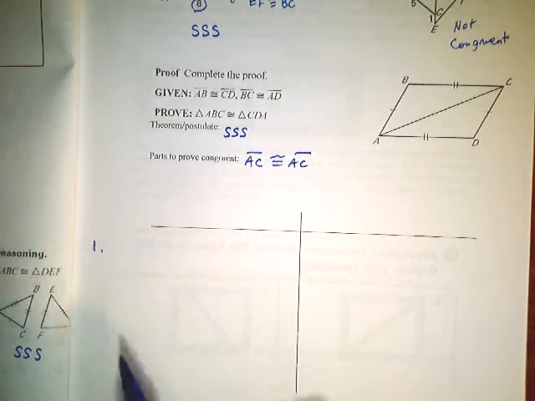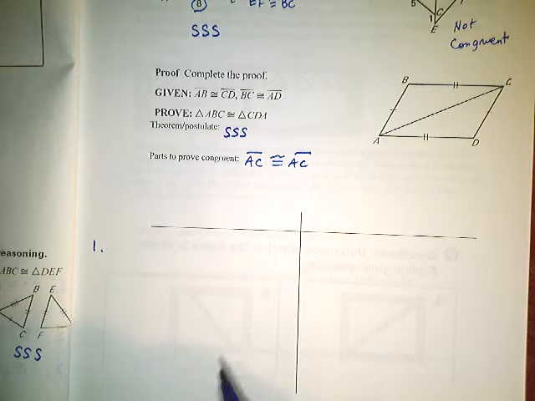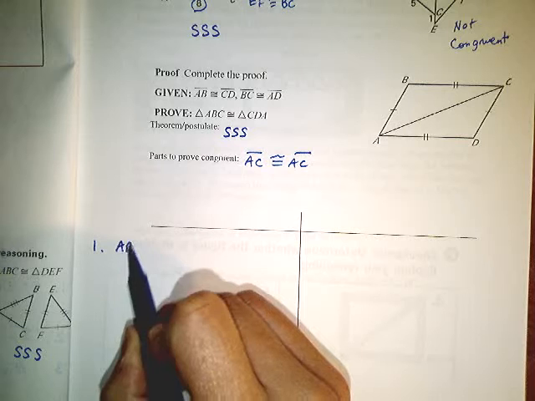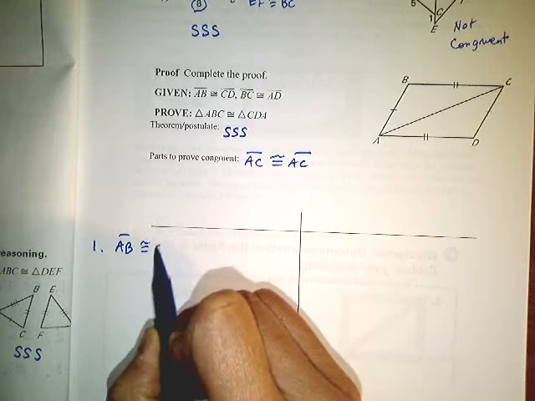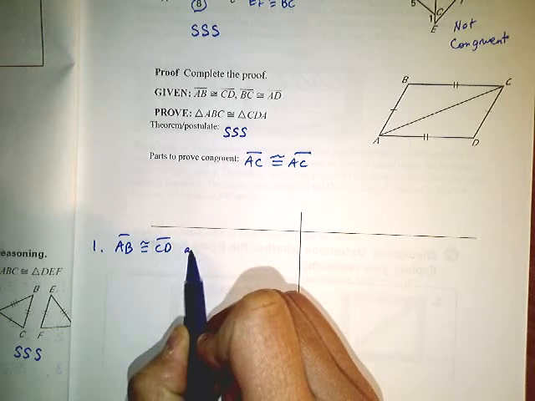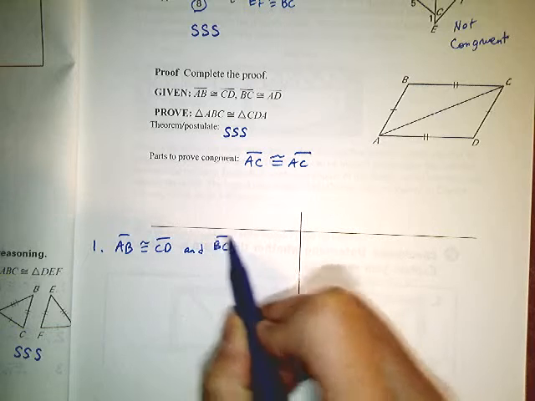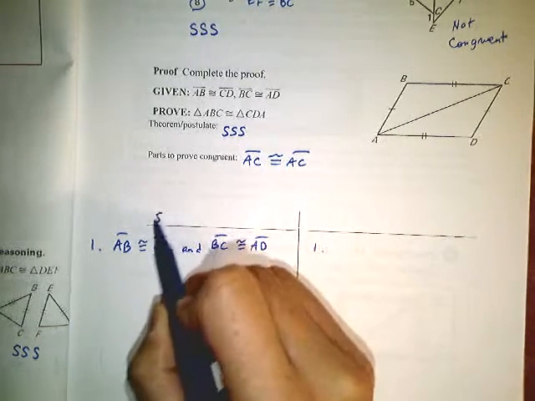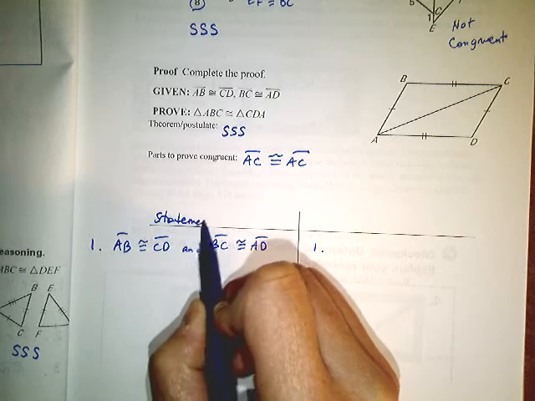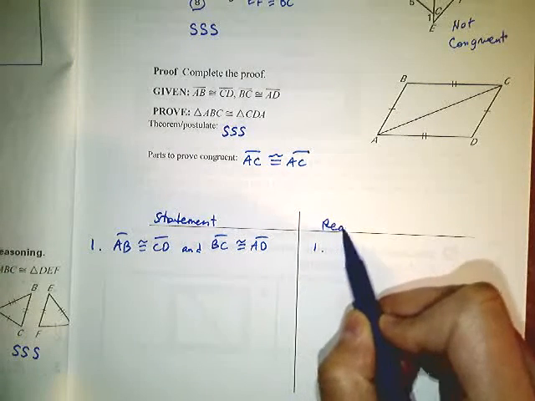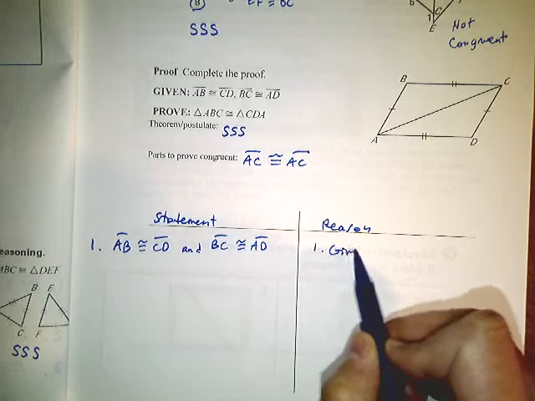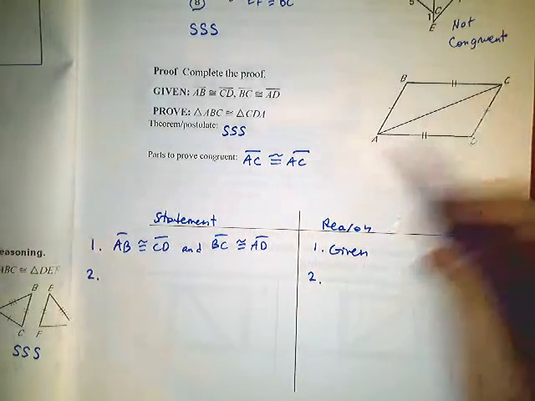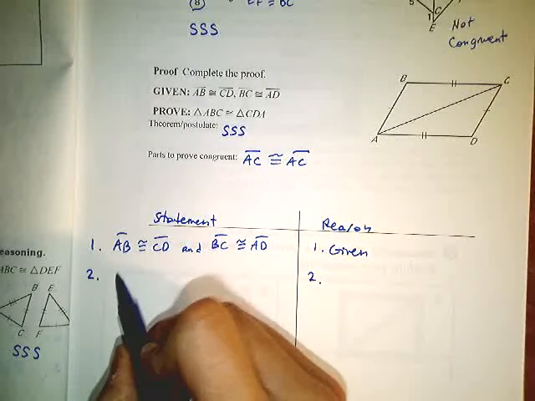So this is very, very similar to a lot of the other theorems that we've done very recently. All you would do is you would start with your given information, the two pairs of sides that are already congruent, you'd want to establish the third pair of sides that are congruent.